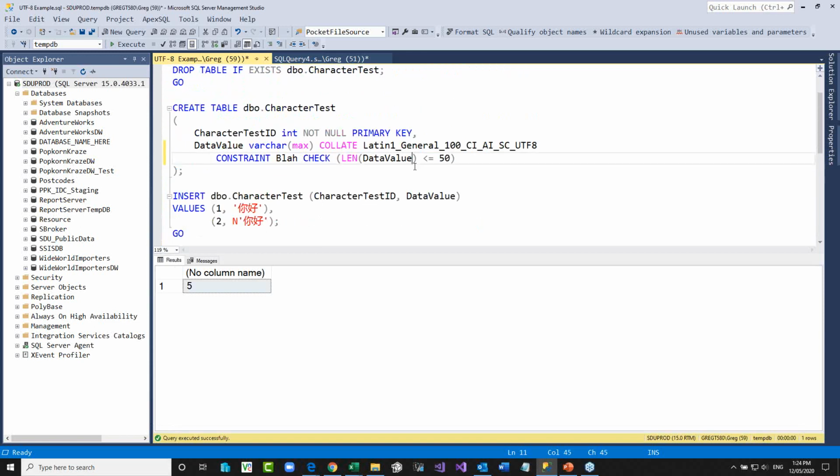So what it means here is that you have to get the data value, and then add something onto the end of it, and then do something like that to make a constraint that actually worked properly for 50 characters. And am I comfortable with that? Not in the slightest. It's a very ugly Band-Aid.